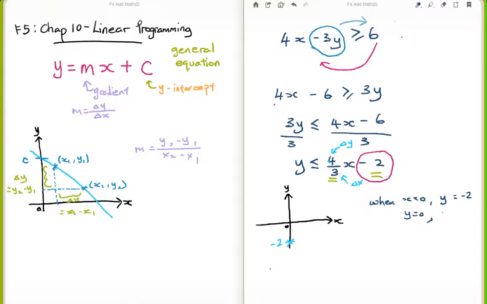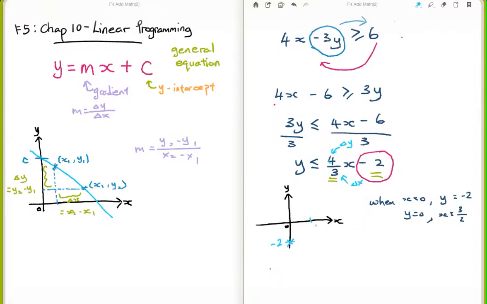When y is 0, x is 3 over 2, or 6 by 4. Yeah, it's 3 over 2. So it's a positive value. When y is 0, x is 3 over 2, so the second point would be somewhere here.